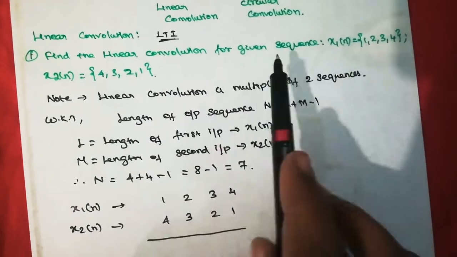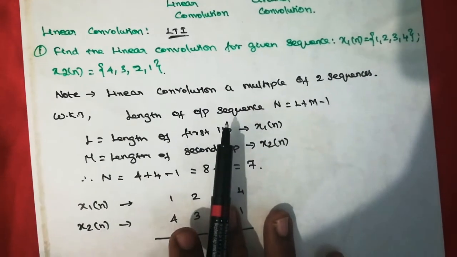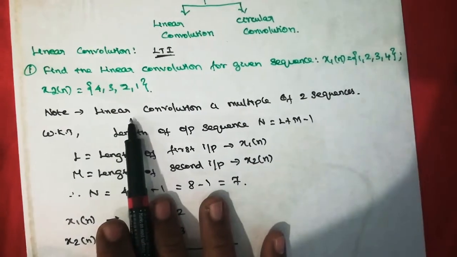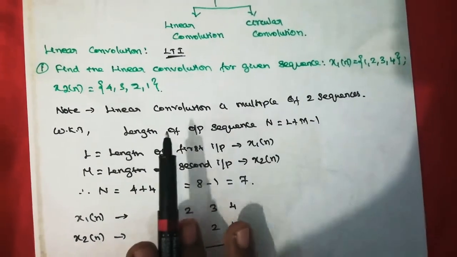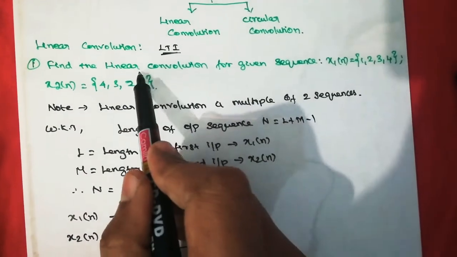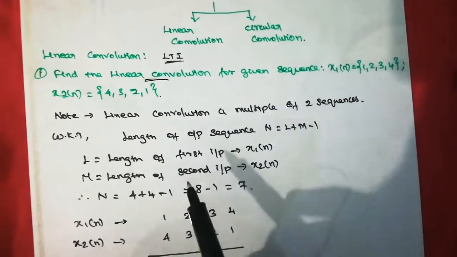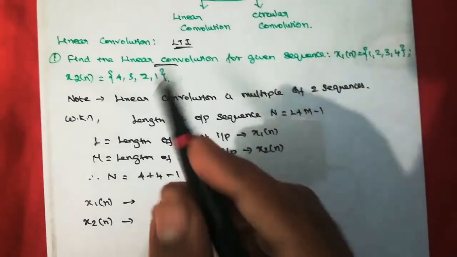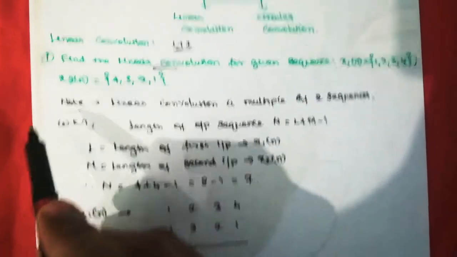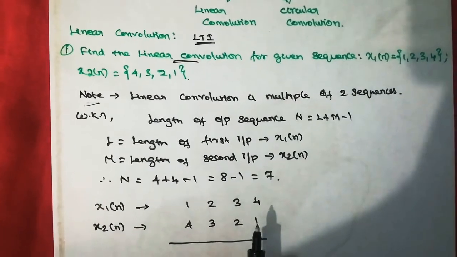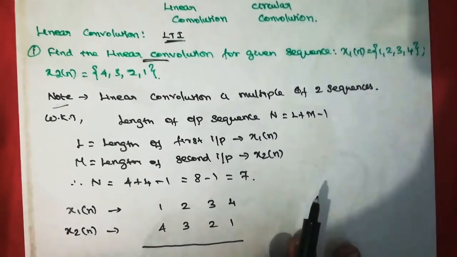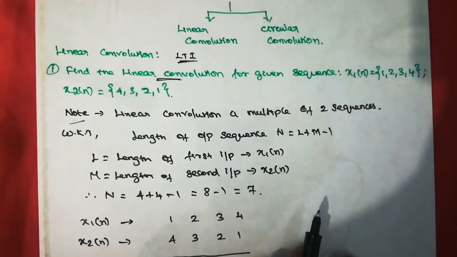If the problem is given like this, first note it down. What we have to find is the linear convolution, so convolve these two signals using the linear convolution method. The important point to note is that the general method is just multiplication of two sequences.